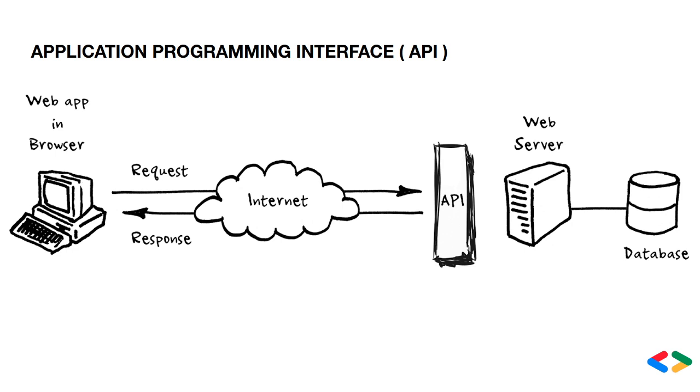Okay, suppose in this case you have Amazon on your phone, and Amazon requests its backend using APIs. Now you search for a product, and you want to put the products over there.